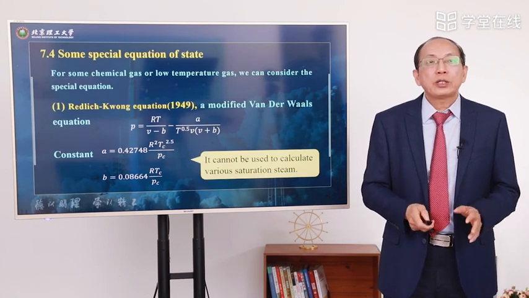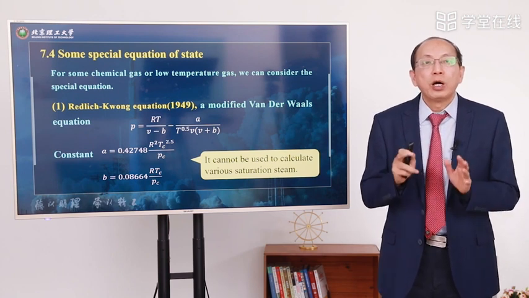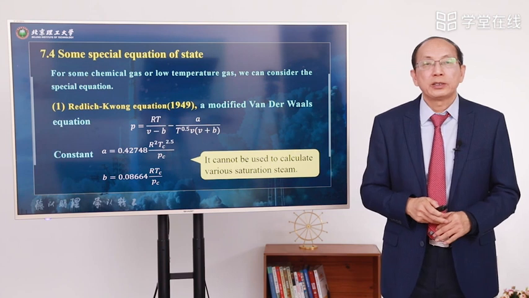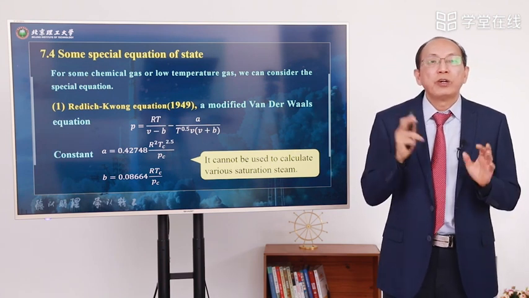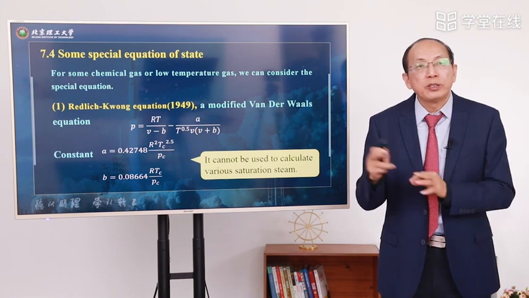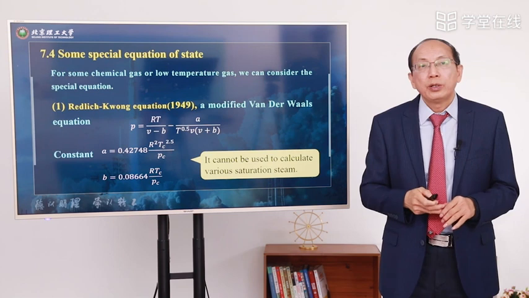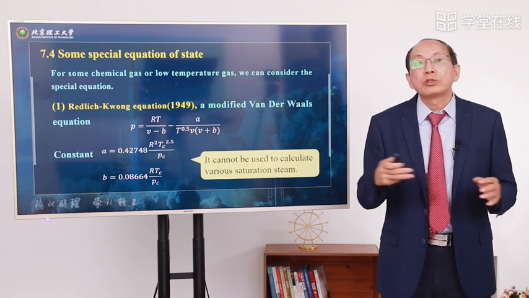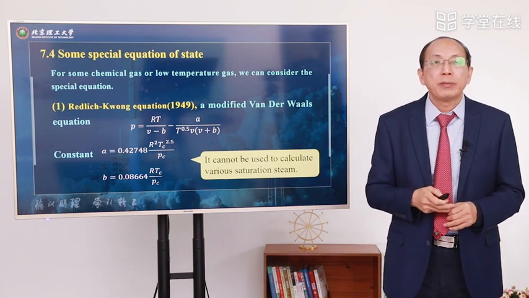Okay, section 4, some special equations of state. Until now, we have learned the Van der Waals equation and the Virial equation. These 2 real gas equations certainly cannot satisfy our requirements.